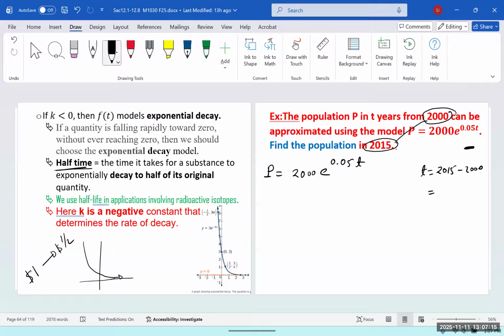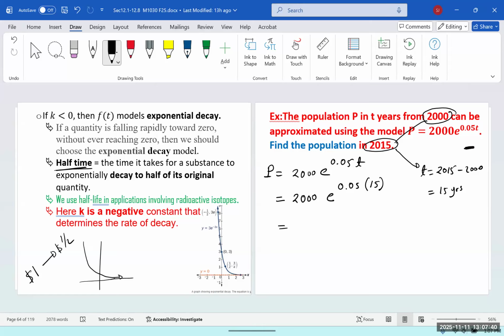The difference gives us t, 15 years. So we are looking for the final amount of the population, how much they grew in these 15 years. So 2000 e to the 0.05 times 15 years.